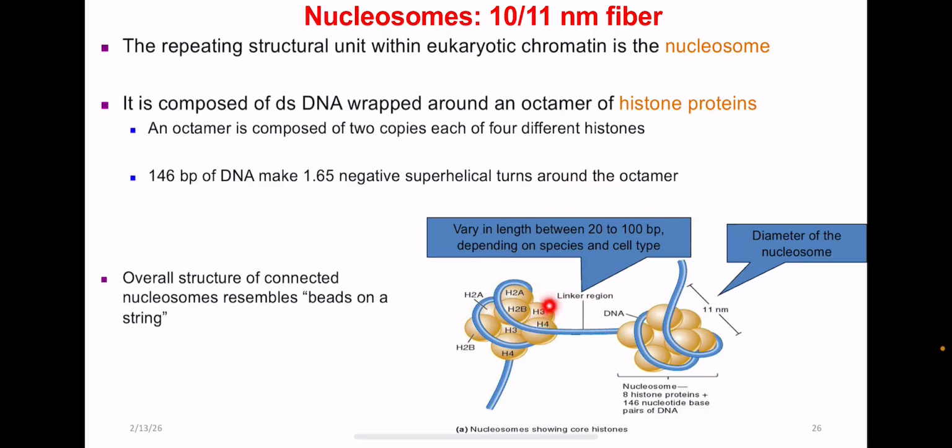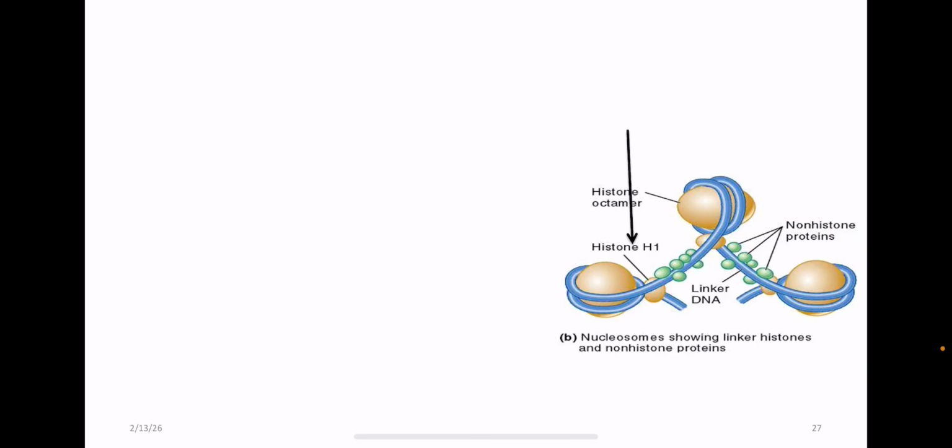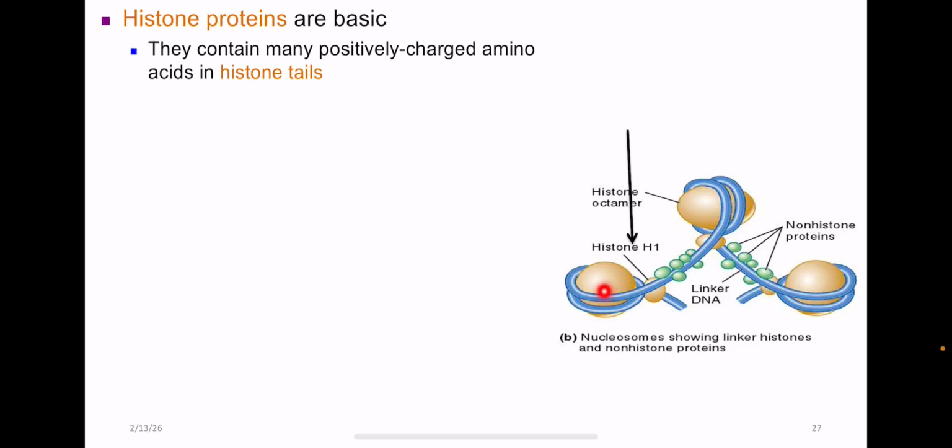So when we wrap our chromosome around a protein complex, we get nucleosomes, and these are like the subunits of a chromatin. So this is the chromatin, and this is a nucleosome.